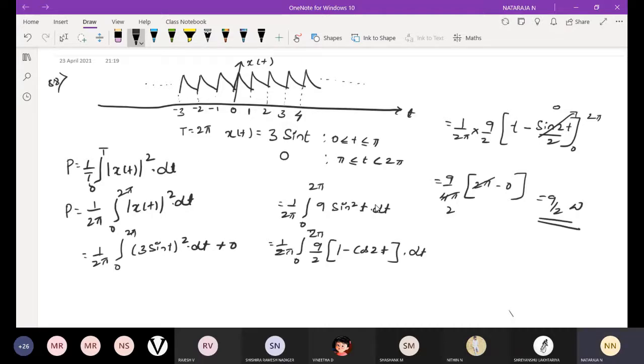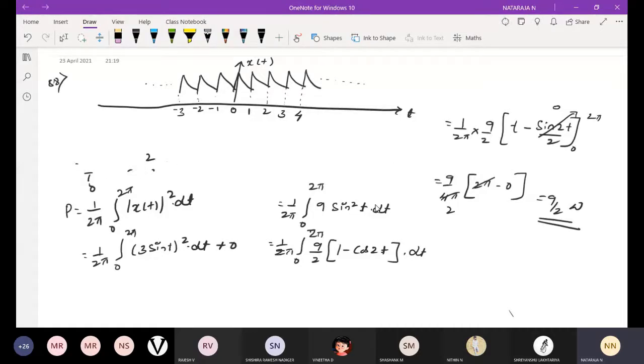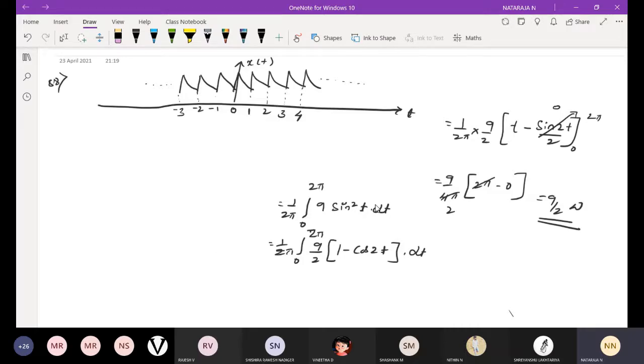So they had given an exponential signal. Problem number 88. Exponential signal they had given. First, find T and find the x of t, then solve. Can anyone tell me what is T?